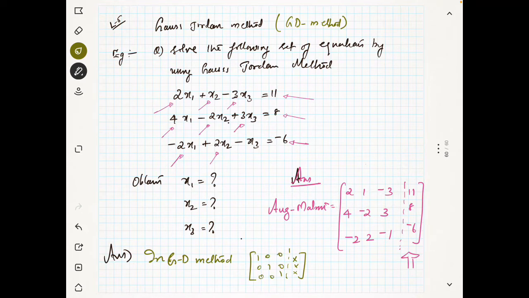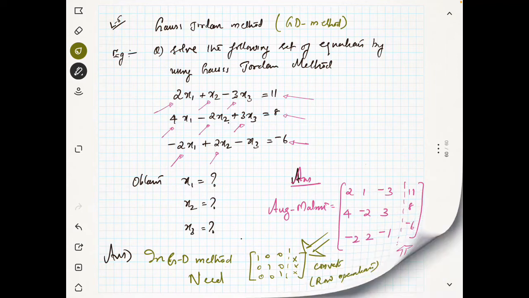This is the final condition you need. You have to convert the augmented matrix into this form by using row operations. So this is the Gauss-Jordan method. We have to convert into an identity matrix.